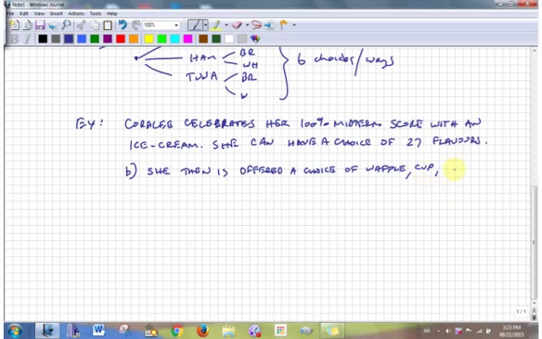So they get it in a cup. Or they could just get a regular cone. So clearly, there's 3 choices here. Okay, I know there's 4 lines, but that's the same line continued. 3 choices for how she's going to have that ice cream delivered.